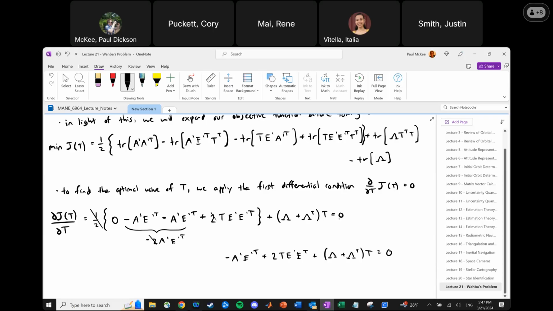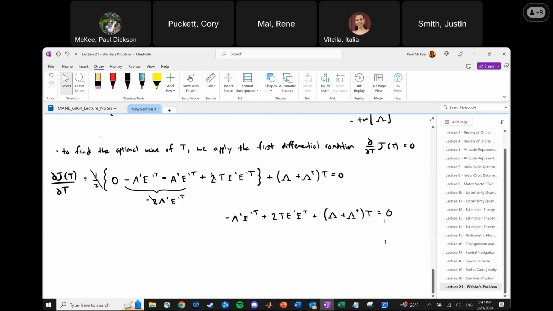Okay, this is where we're going to do some more mathematical, it's going to be substitution essentially. We're going to simplify this equation, which is already not that bad. It's not obvious how we can solve it for T just yet. We can simplify this further by defining 3 new matrices.